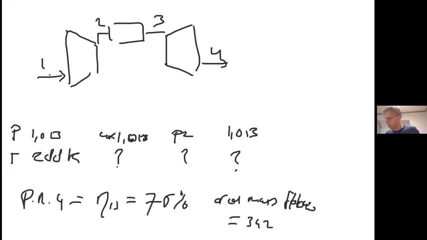There we have the reduced mass flow of 342. So we can calculate the mass flow. The reduced mass flow is defined as m times the square root of T1 divided by P1, and that is 342.